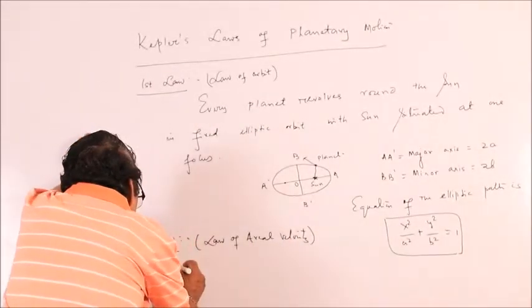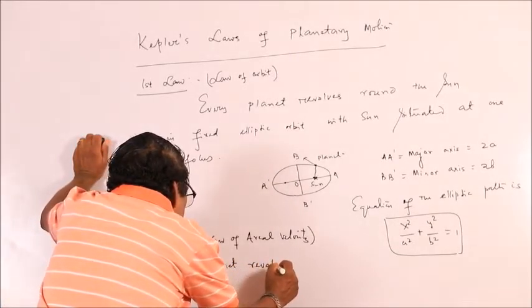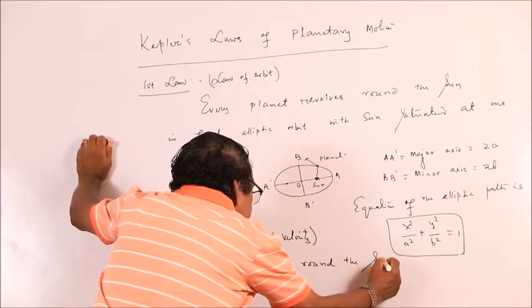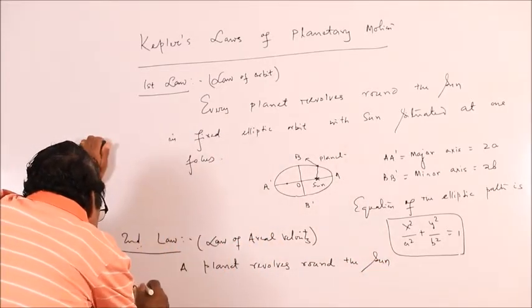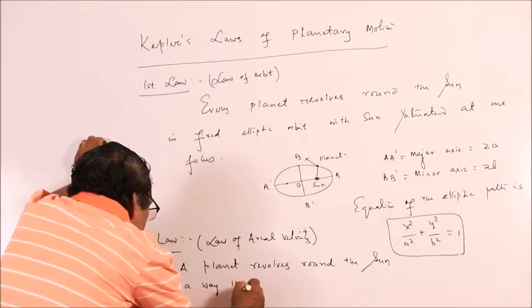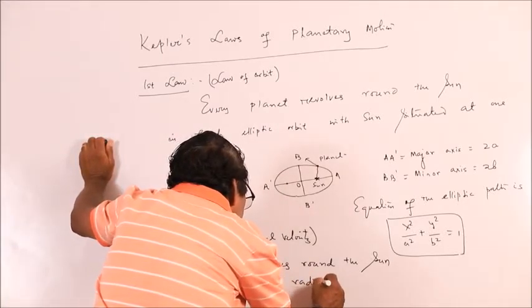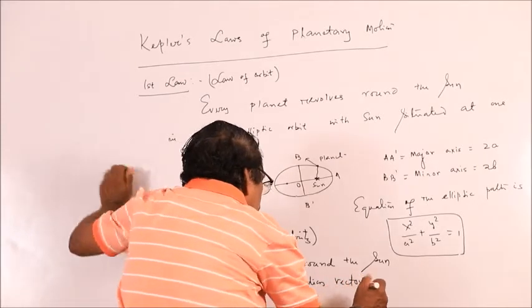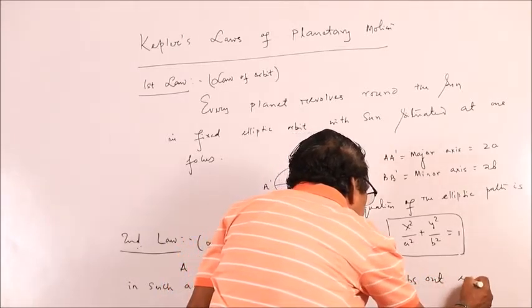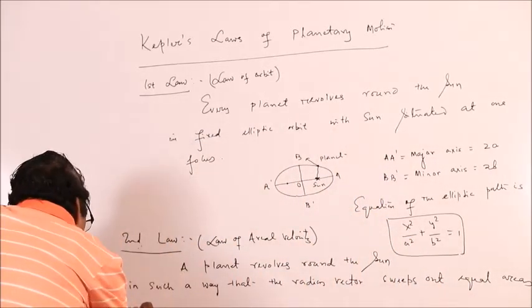A planet revolves around the sun in such a way that the radius vector sweeps out equal areas in equal intervals of time.